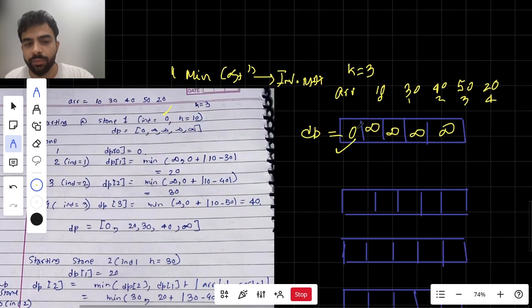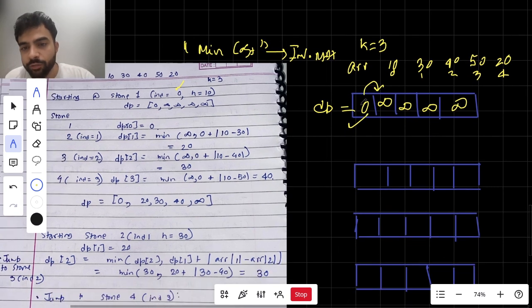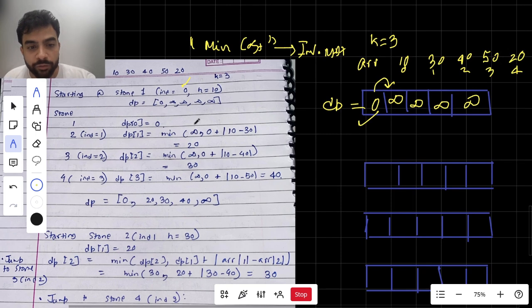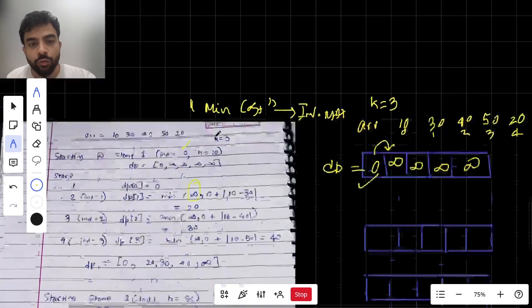That means my first jump, from the first stone to the next stone, I'm taking a step of infinite. That means my current cost is infinite. So I'm going to take the minimum of infinite comma 0, which is my previous value. Why previous value?